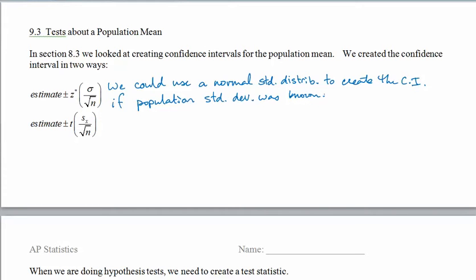And of course, usually we don't know the standard deviation, because if we did, we probably would know the mean as well. So what we tend to do is use the estimate plus or minus t critical value times the statistic's standard deviation, the sample standard deviation divided by the square root of n. So it is unlikely that we know the population standard deviation.